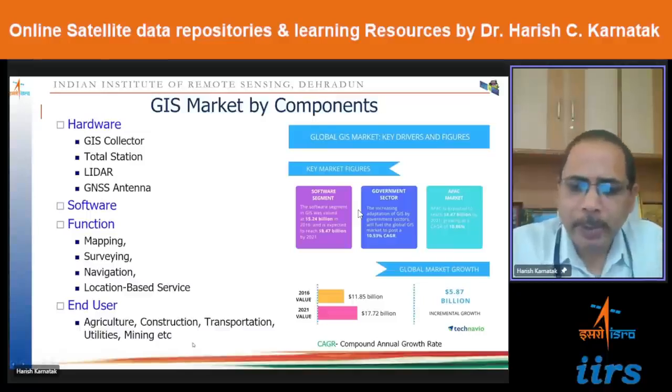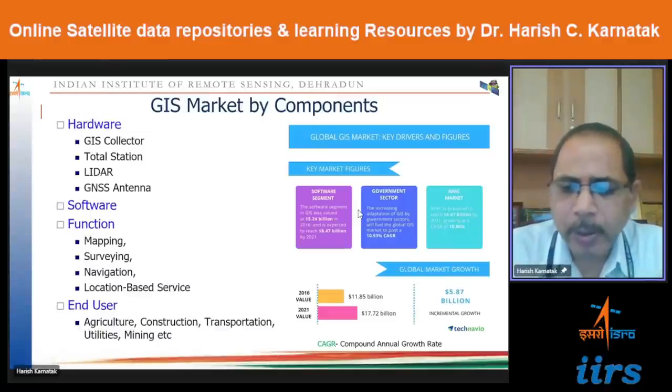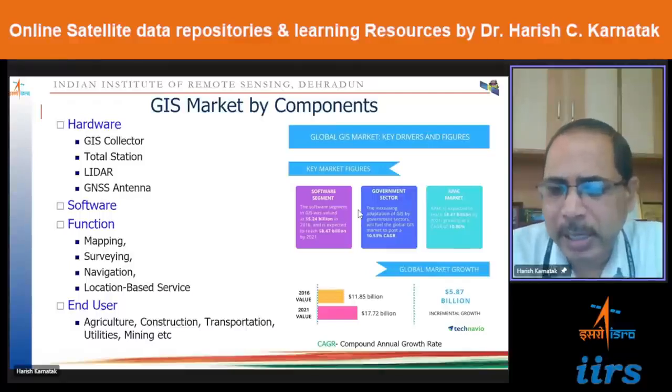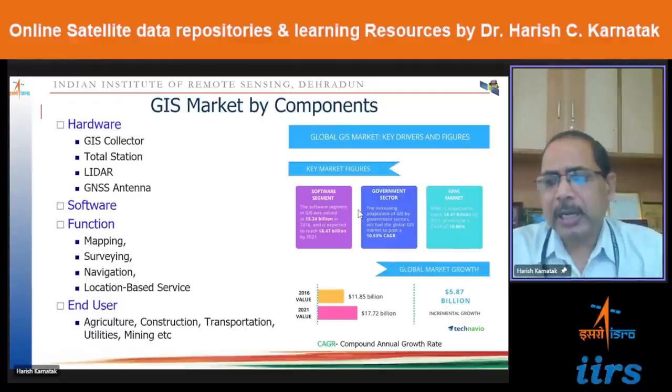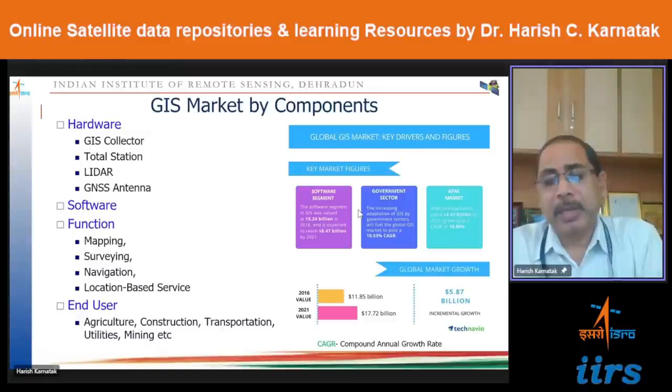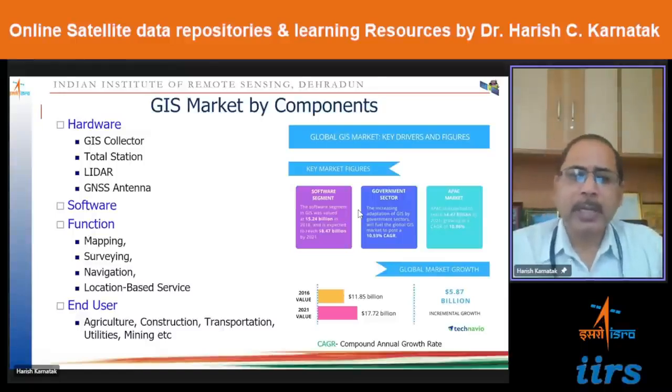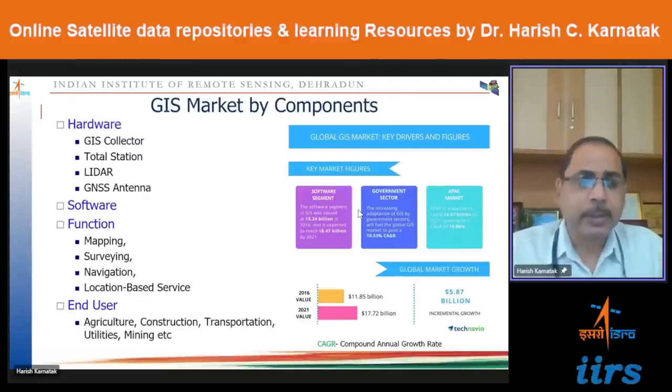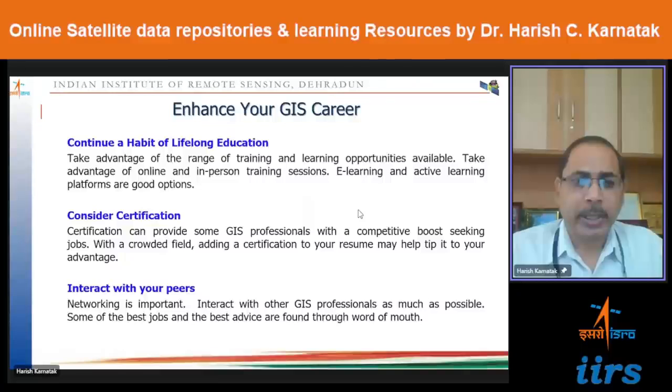The market for GIS is around 17 or 18 billion dollars per year. So you can see that it has good opportunities. That's why in India also the government is promoting space technology, and we are inviting many startups and the new generation to explore this area as a career opportunity.